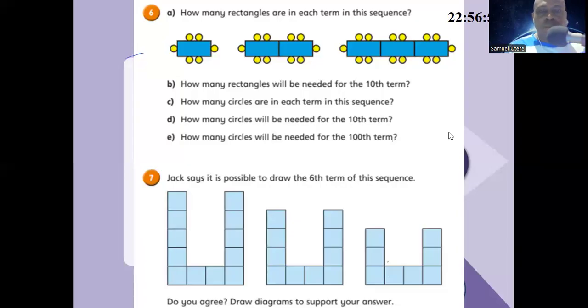Okay, in about a minute, you'll be marking your work to check your answers.